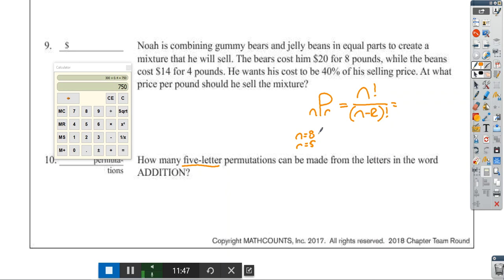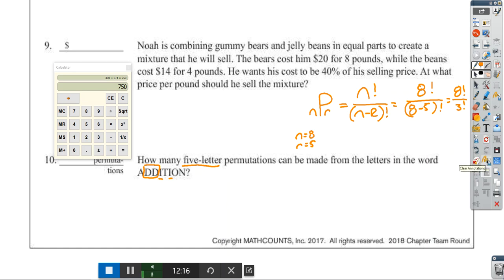So in this easy situation, with a word that is not addition, we would just have to say 8 factorial over 8 minus 5 factorial, which is equal to 8 factorial divided by 3 factorial. But we can't do that because we have double D's as well as double I's. I know, it makes it difficult.